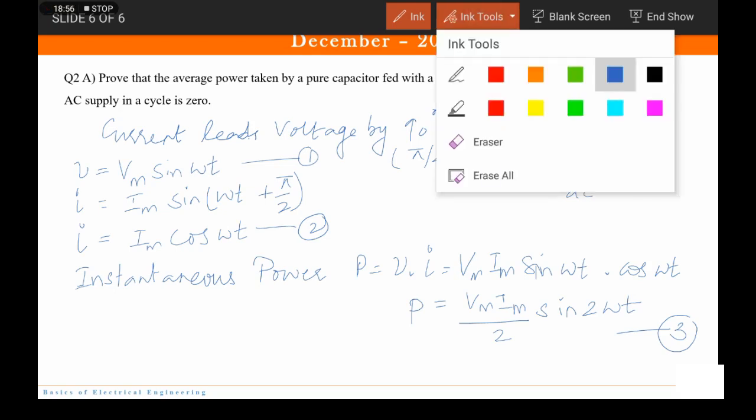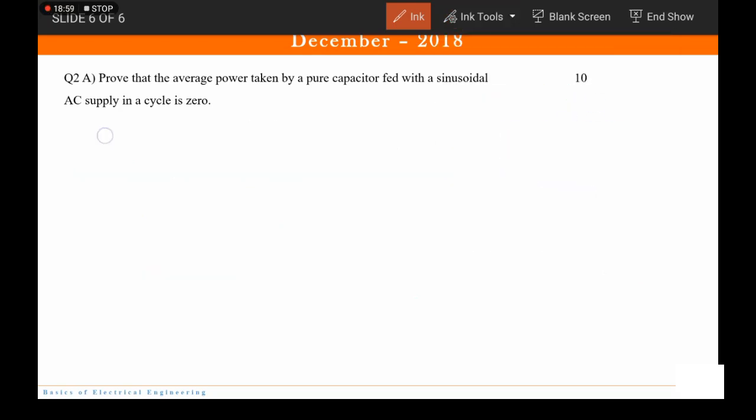Now let us go to average power. Fine. So for calculating average power, we have to integrate. So average power is taken over the area 2 pi. So 1 upon 2 pi, then integration from 0 to 2 pi because we have to calculate it over a full cycle. And what we are integrating? The instantaneous power, with respect to omega t. So this is d omega t.